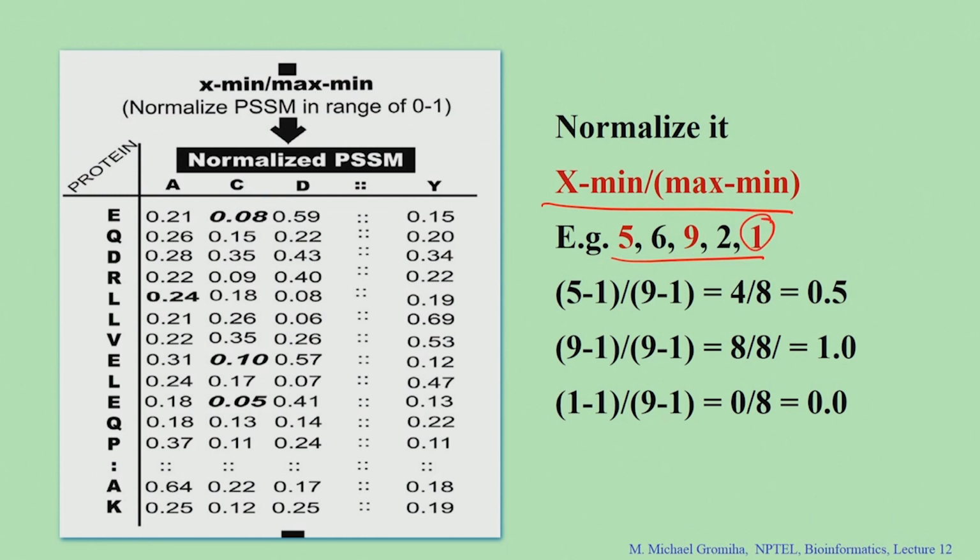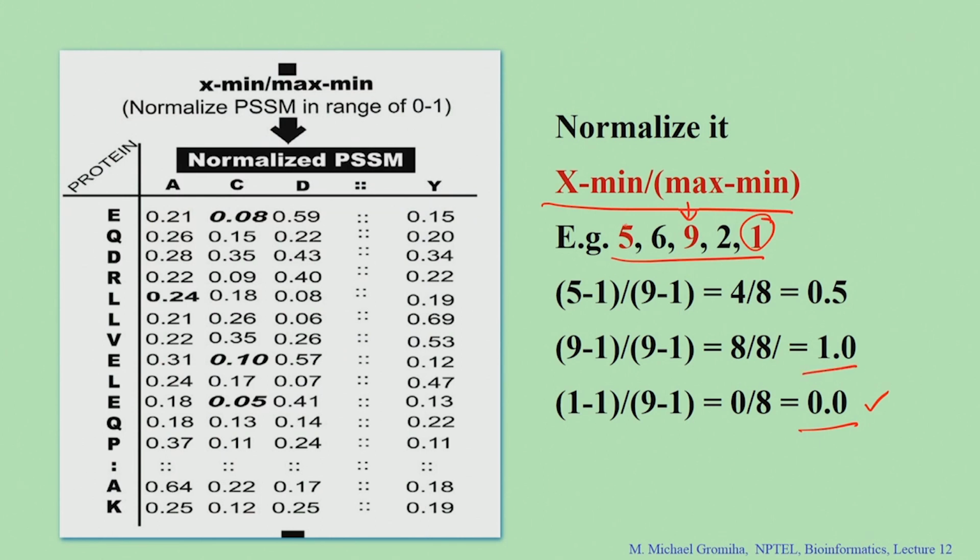What is the expected value for the lowest one? 0, right. If we use this equation, 1 minus 1 divided by 9 minus 1 equals 0 by 8, that is 0. That is fine. If you have the highest one, what is the expected value? That is equal to 1. Using this, 9 minus 1 divided by 9 minus 1 is 8 by 8, that is 1.